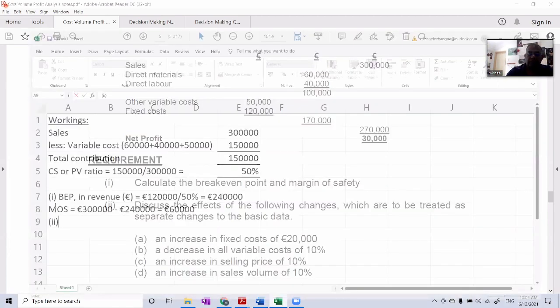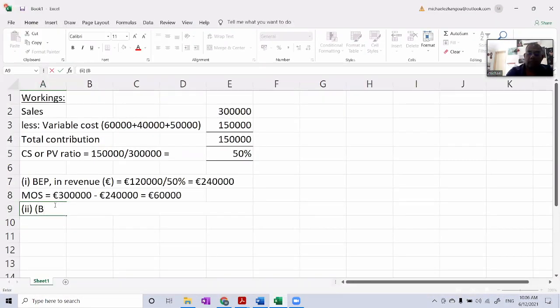Yeah, so the first one, fixed cost increases by 20,000.